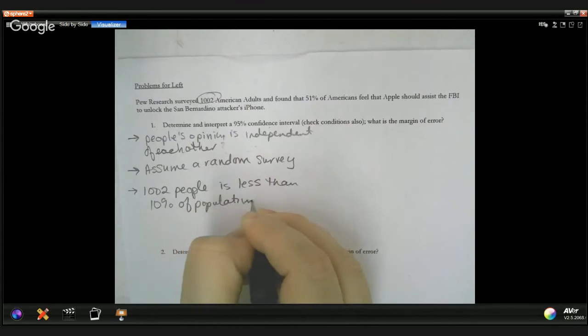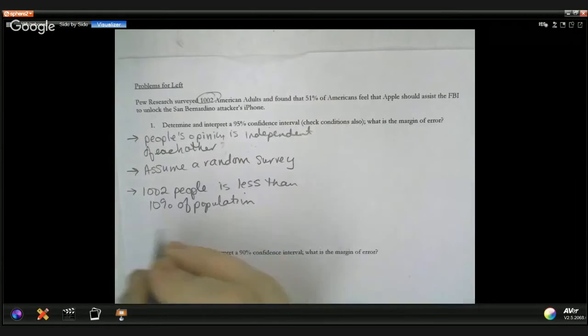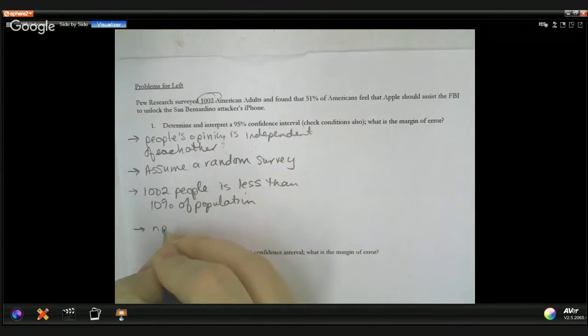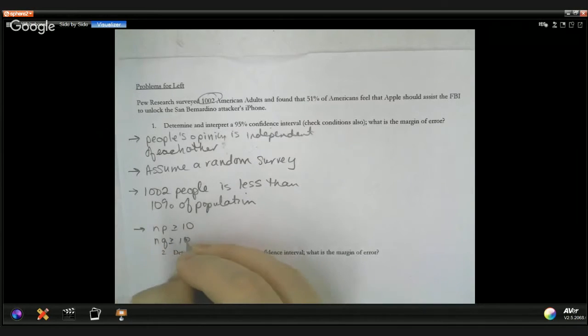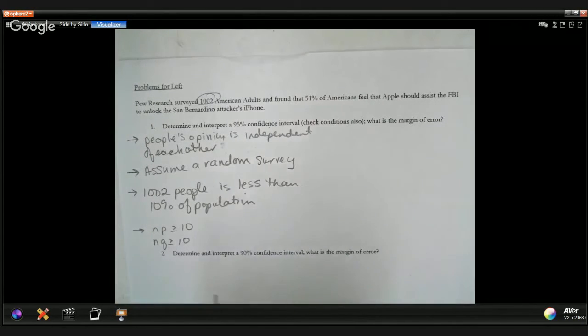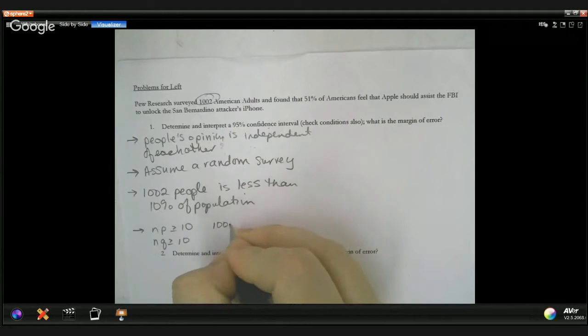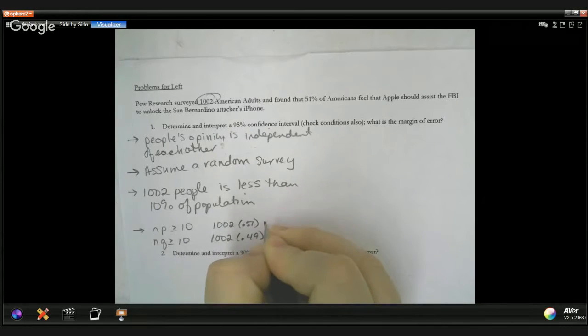And then the last one we have to do is the success failure. And so that's the NP is greater than or equal to 10. And then NQ is greater than or equal to 10. It's not okay just to say that it is. We need to actually do this. So 1,002 times 0.51 and 1,002 times 0.49, because those are the P's and Q's.